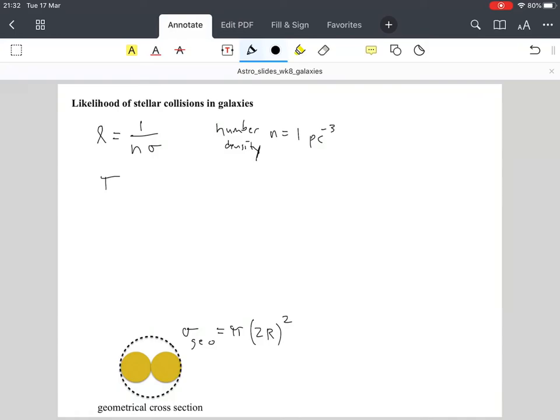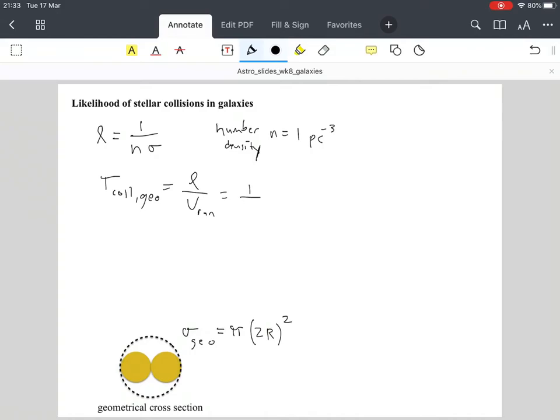So we can write out that the time between collisions, tau, and here I'm going to use a subscript geo because we're going to say that this is related to the mean free path, and this is divided by a velocity.